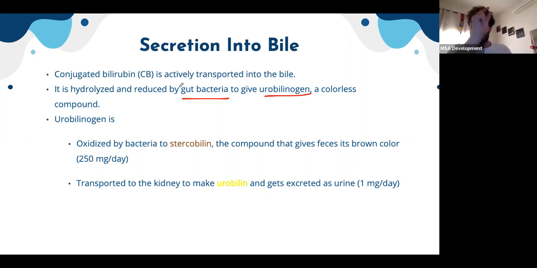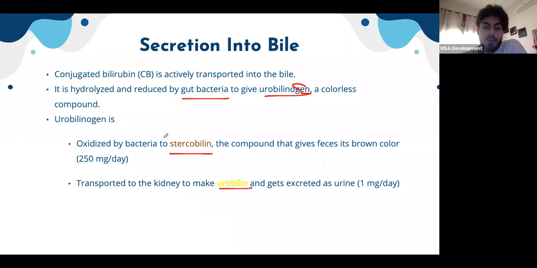So again, from the bile, it goes into the small intestine. In the small intestine, it gives you urobilinogen. This urobilinogen is colorless. Now, from urobilinogen, it goes through different pathways, either this or this, okay? So it either becomes stercobilin or urobilin.